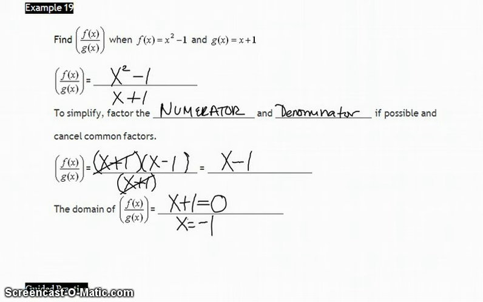So x cannot be negative 1. And the way we write this in set notation is we put our set out, all values x, such that x does not equal negative 1. And then we end our set. That's how you'd see it written. So set notation, x such that x does not equal negative 1, when we do our division.